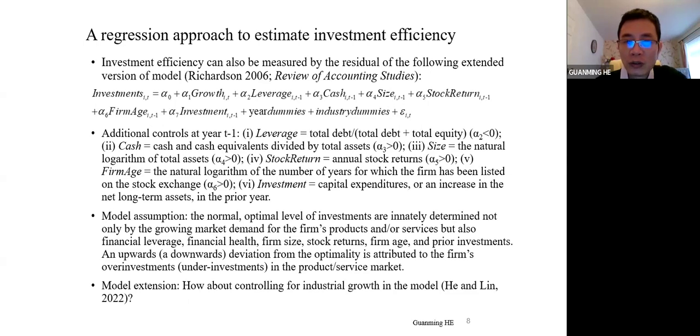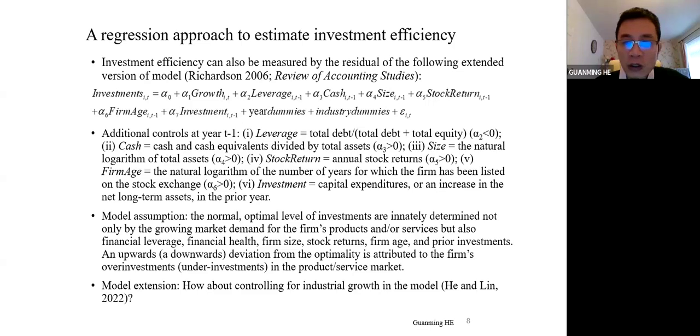If the stock returns are high, that means the investor will expect higher return from the investment. So in this case, the company had better make more investment in the product market. So we expect that the stock returns will be positively associated with the investment level of the firm.